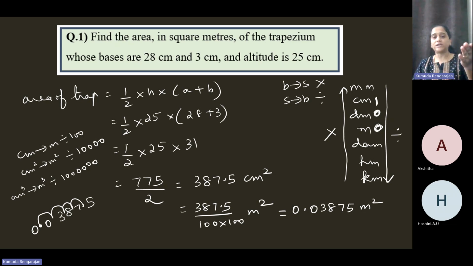If the values were 28 decameter, 3 decameter, 25 decameter, then the area is in decameter square. Then you'll have to convert it to meter square if asked. I'll just tell you another way of doing this answer.